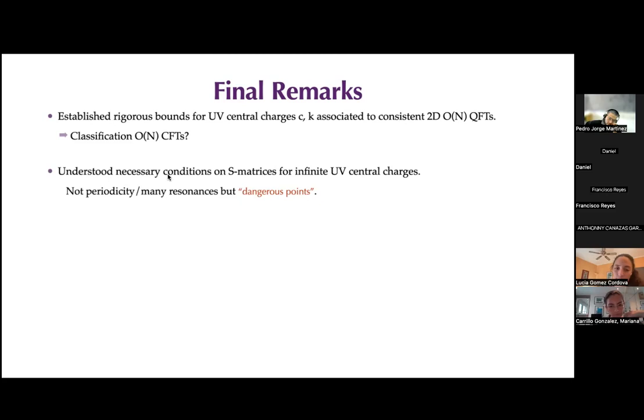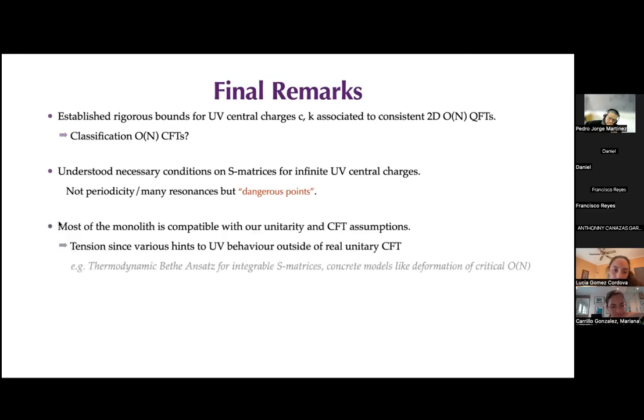We also understood what are the necessary conditions for these S matrices to have infinite or finite UV central charges. So curiously, it's not about periodicity, but these dangerous points. And also, we saw that most of the monolith is compatible with all our assumptions of unitarity and some CFT in the UV.